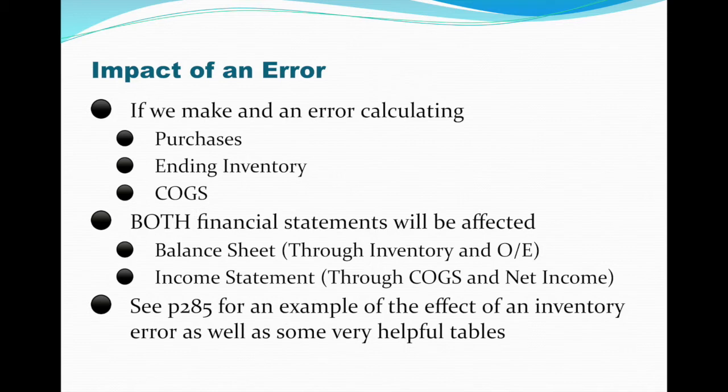I put that there just because it's got a great table that shows the corresponding effects for what happens in different accounts and different elements based on the type of error that's made. You do not need to memorize this. It's an intimidating table when you first look at it, but basically it just shows the repercussions of different errors made in different places.